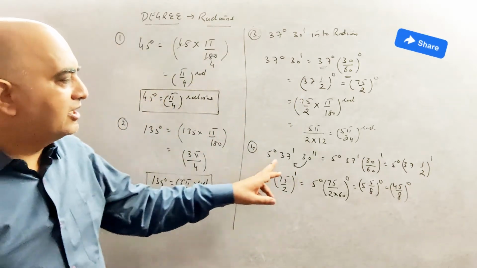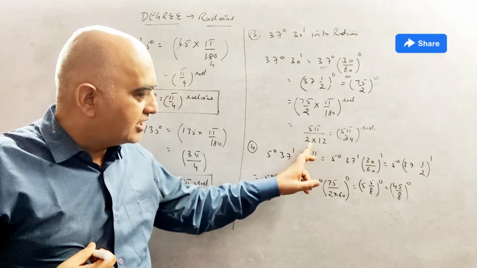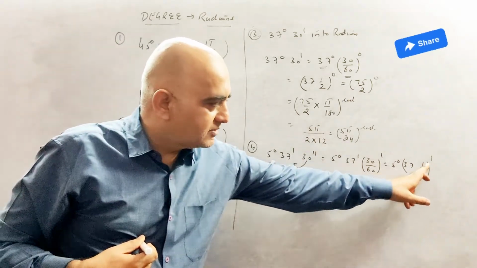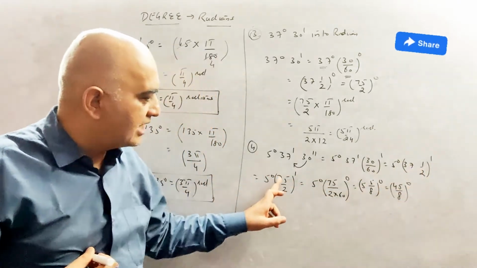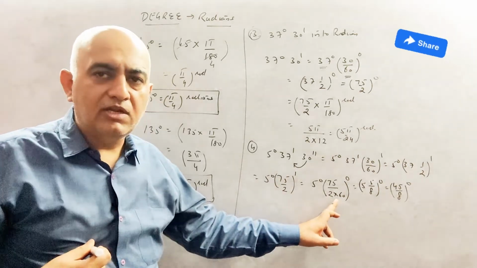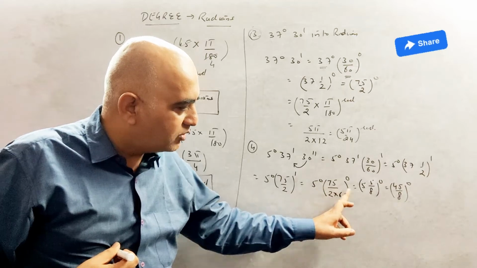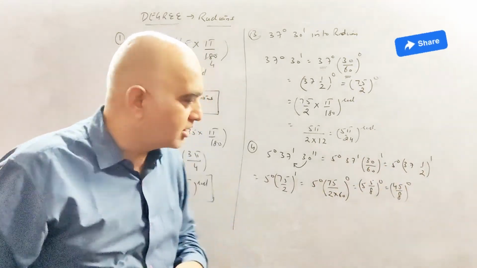So 5 degrees 37 minutes 30 seconds. First of all, the 30 seconds can be converted into minutes by dividing with 60. After getting this mixed fraction, 37 and a half can be replaced with 75 upon 2 minutes, then dividing it by 60 to obtain degrees, and then combine 5 with this degree value, 5 and 5 by 8 degrees, which becomes 45 upon 8 degrees.